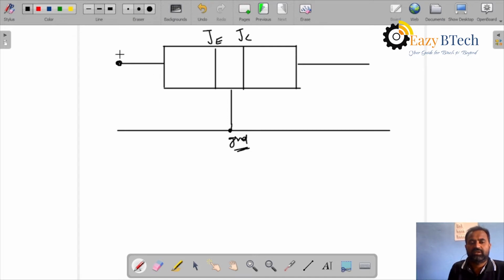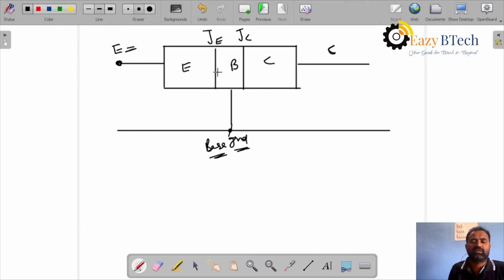Here is the emitter terminal, the base, and the collector. Input is the emitter, the base is grounded, and output is the collector. Now it is a common base configuration.